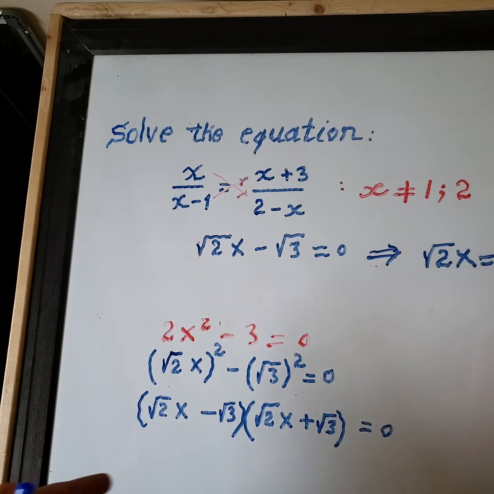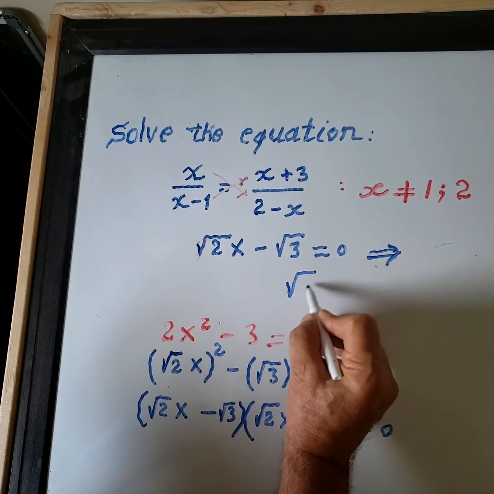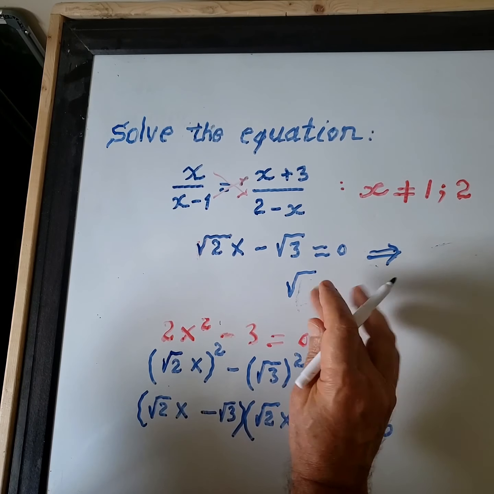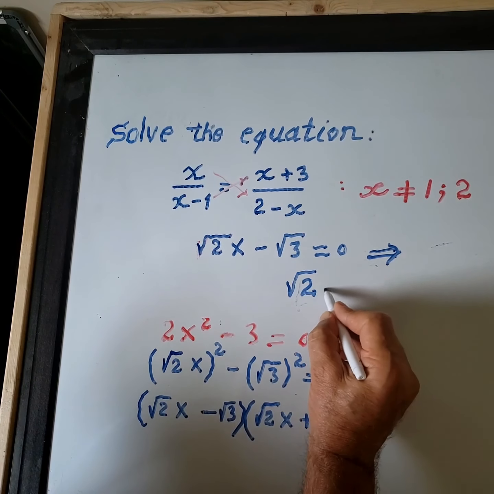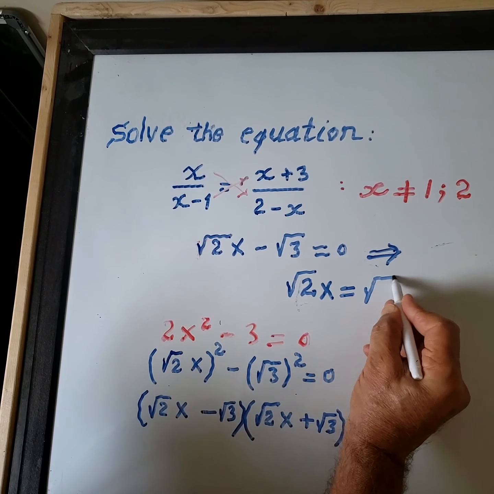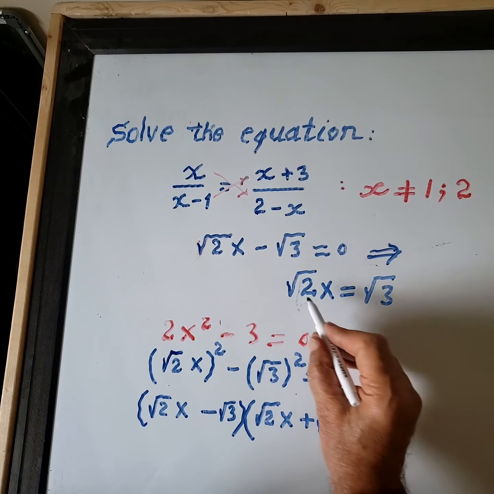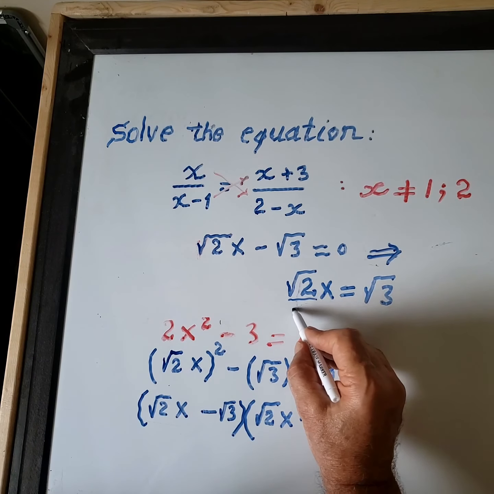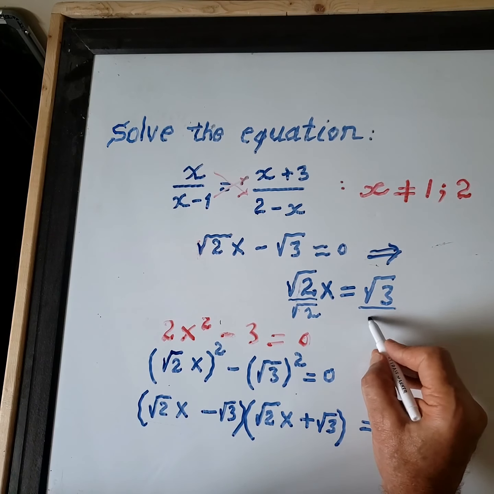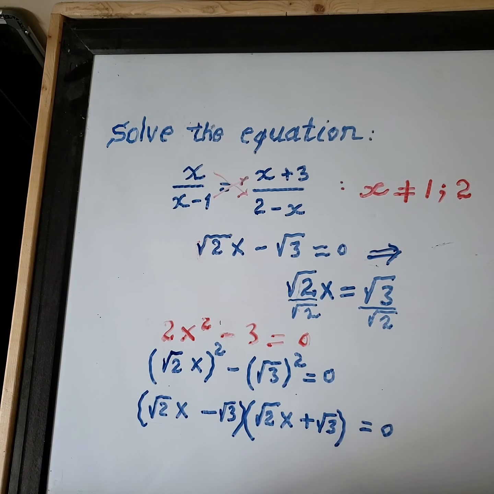Let me write it here to be clear. Square root of 2 times x is equal to square root of 3. And this means, by dividing over square root of 2 here and the square root of 2 here, we get the value of x.